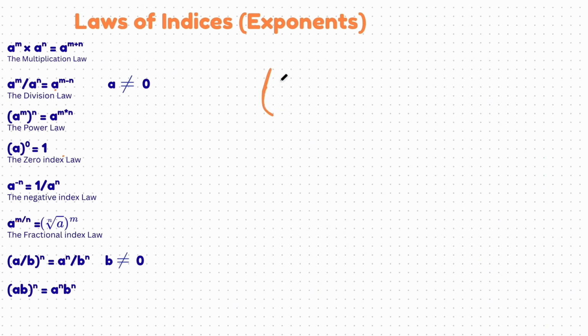So if we had 2 over 3 raised to the power of 4, this would equal 2 raised to the power of 4 divided by 3 raised to the power of 4. 2 raised to the power of 4, 2 multiplied by itself 4 times, is equal to 16.